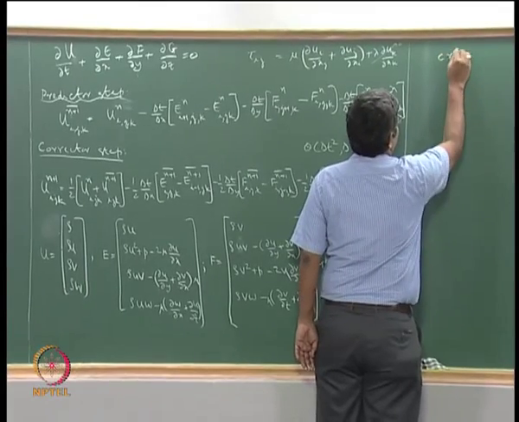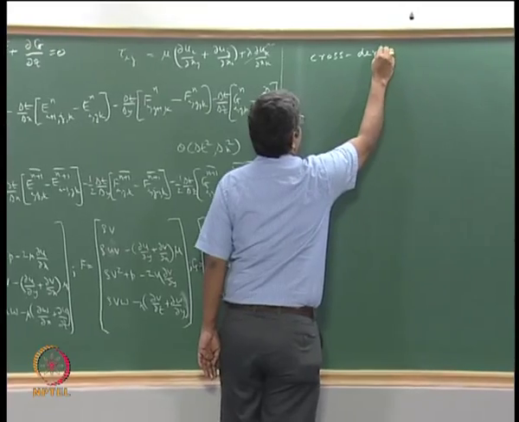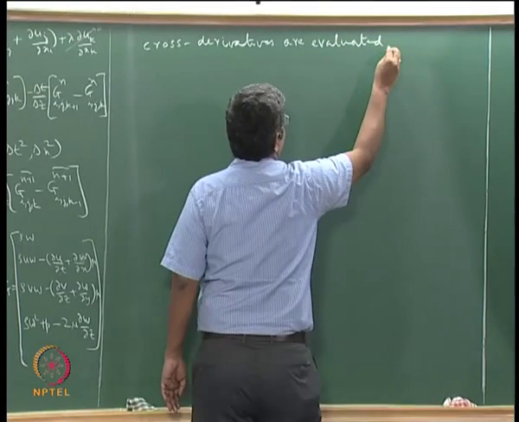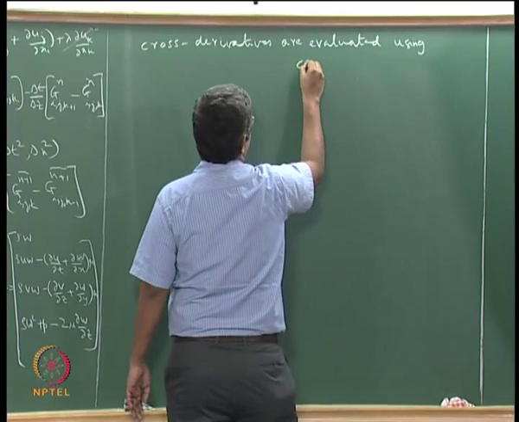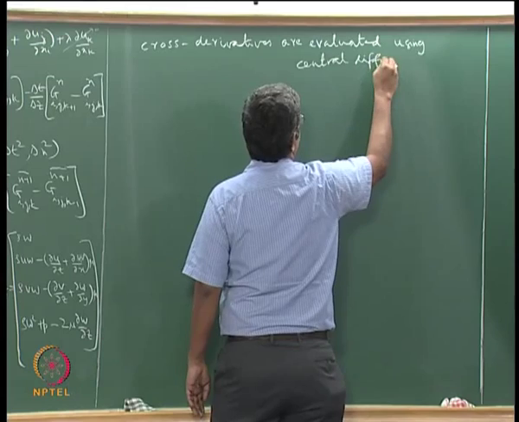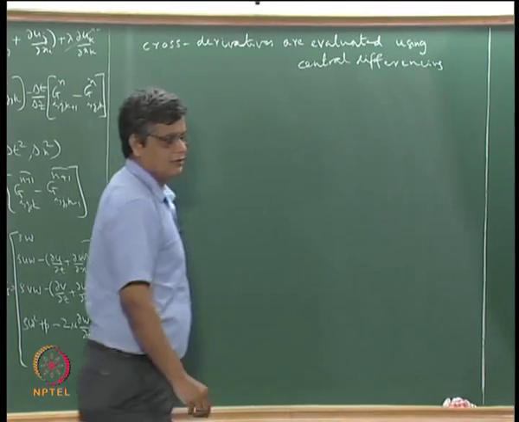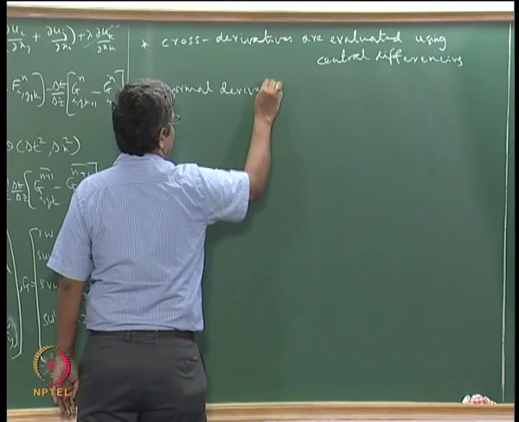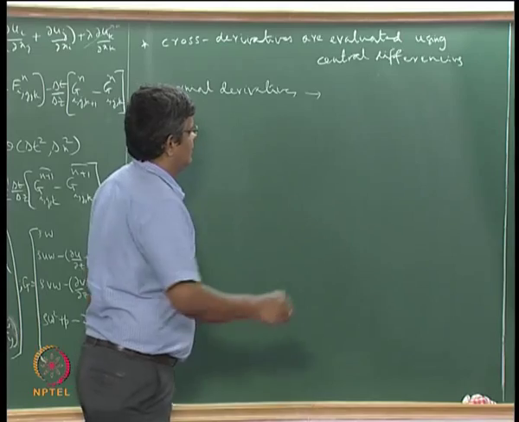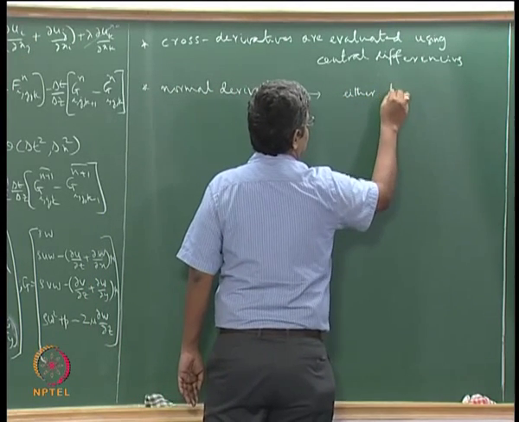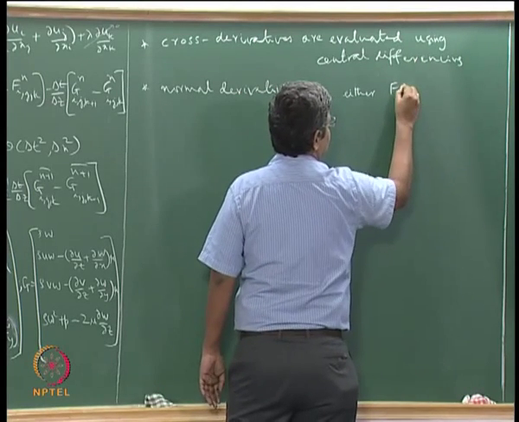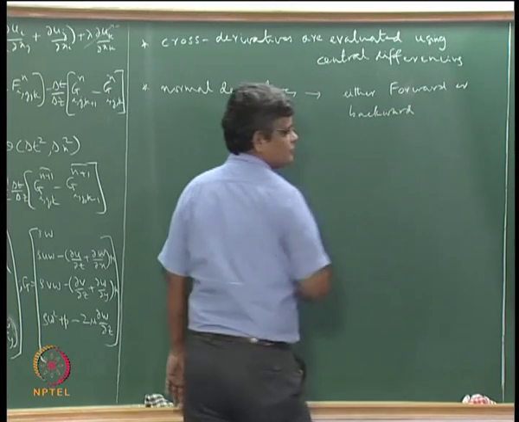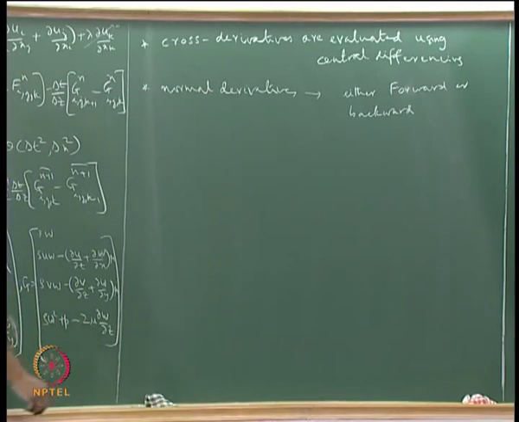The cross derivatives are evaluated using central differencing, and normal derivatives are evaluated using either forward differencing or backward differencing, depending on how the main derivative is evaluated.